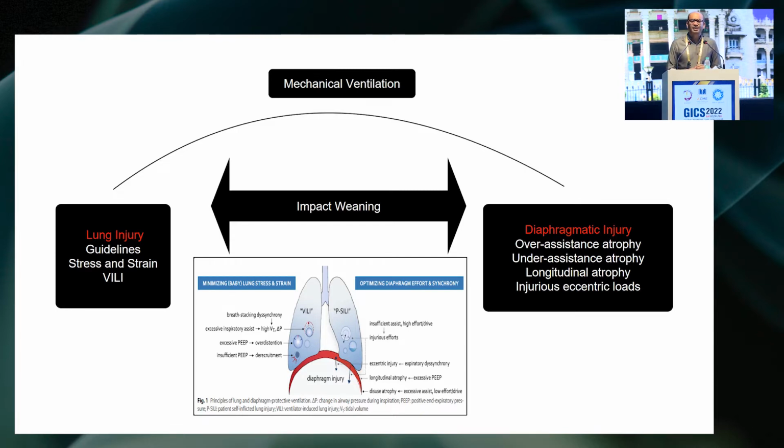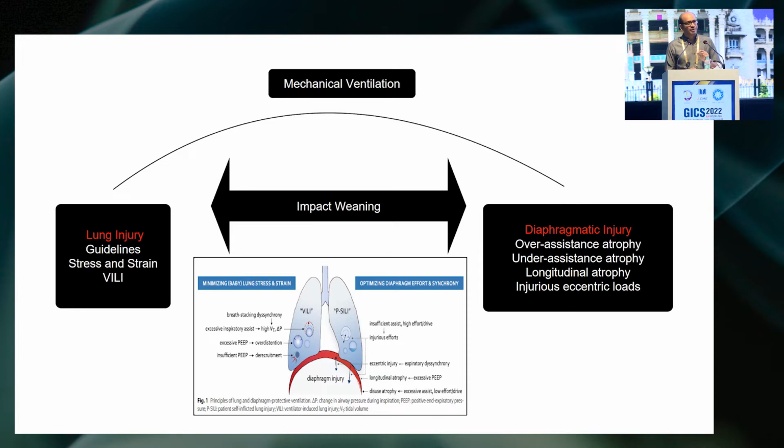Now, there are very clear guidelines which have been established which look at ventilation-induced lung injury, and we know that if you ventilate patients with very high tidal volumes, very high plateau pressures, high driving pressures, then you are going to contribute significantly to ventilation-induced lung injury, and that can have a tremendous impact on your weaning. Similarly, there is a lot of data coming up which shows that if your ventilatory strategies are not appropriate, especially the way you allow your diaphragm to function, giving too much respiratory support leads to diaphragm atrophy.